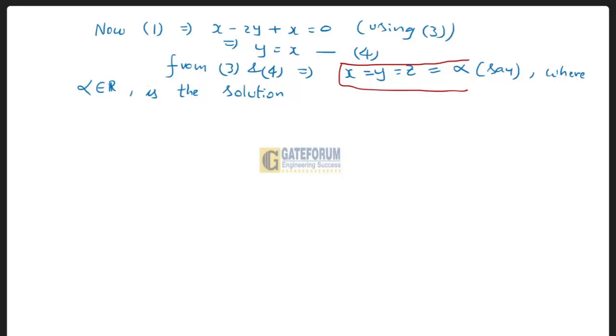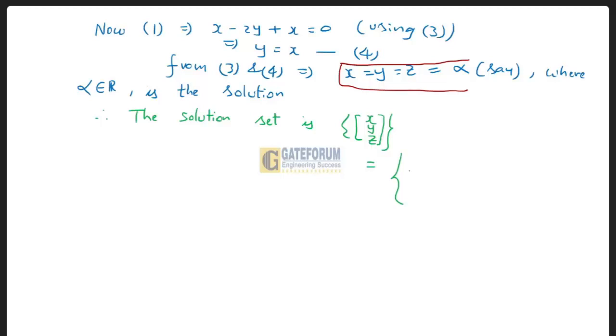Therefore the solution set means the set of all column matrices X, Y, Z. Each is equal to alpha, so alpha is common.